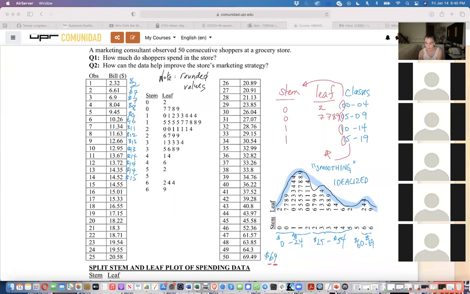Okay, so these are different classes of people, different groups of people that you might want to talk about. Maybe, and this would be for further research, maybe they're divided by income. Maybe these people make less money and they spend less money than these people, and these people make less money and spend less money than this group of people here. So this might be low, middle, and high income, maybe.